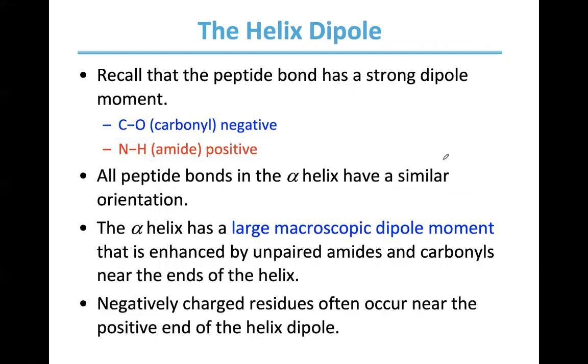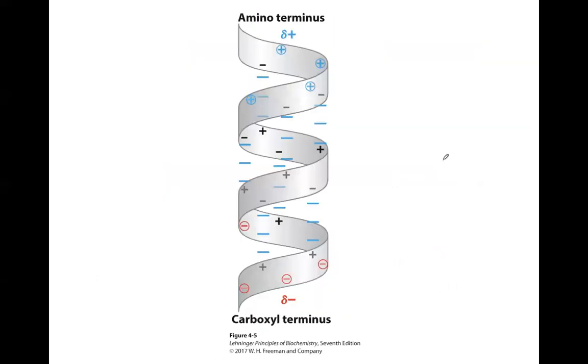So there is one other factor that we need to consider, something that can support alpha helix. If you look at the alpha helix in terms of static charges, so the carboxyl terminus, right? So here we have a COO minus. The amino terminus, here we have NH3 plus, okay?